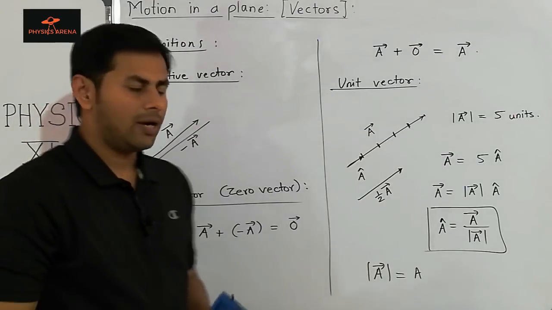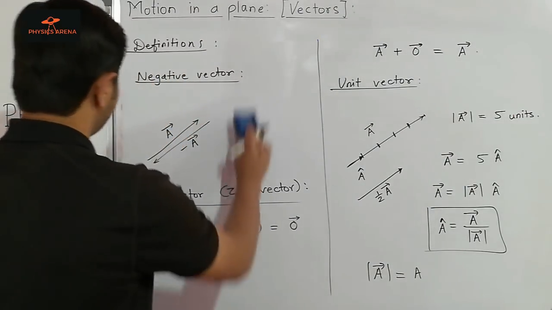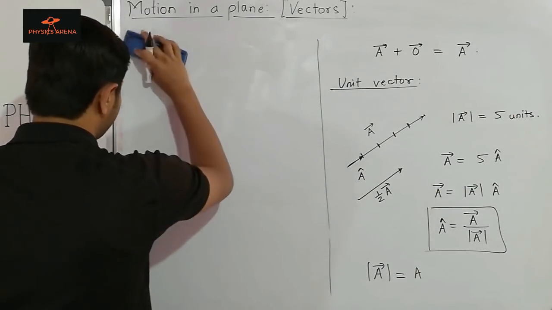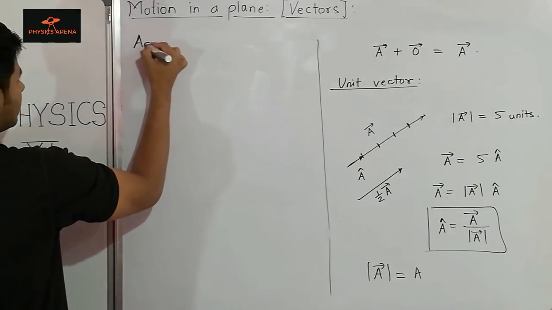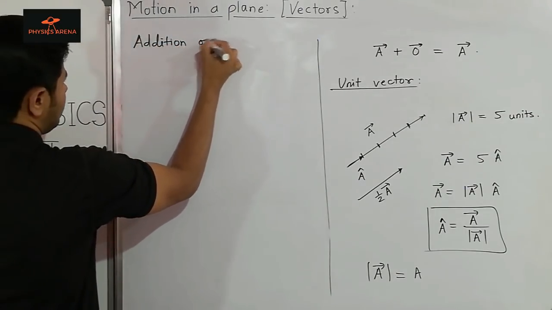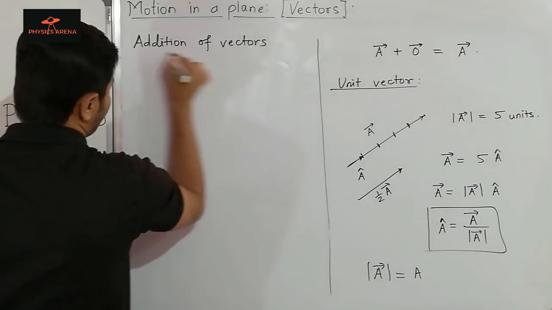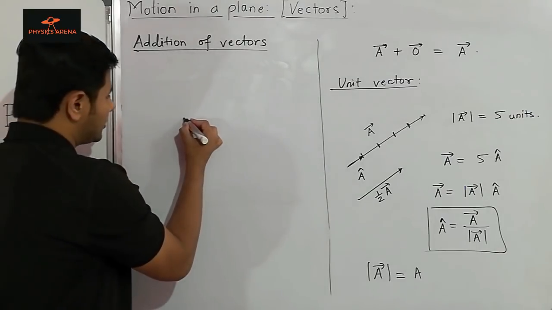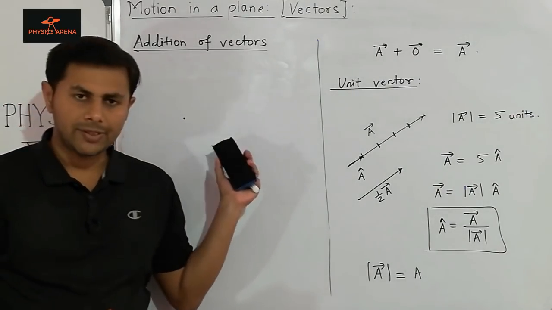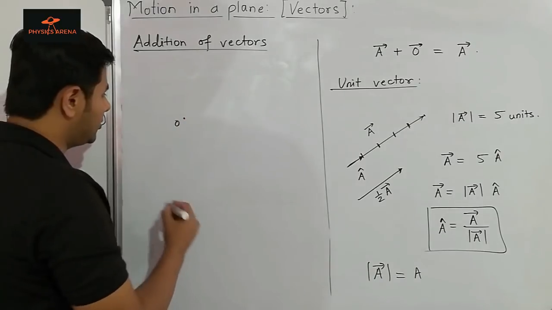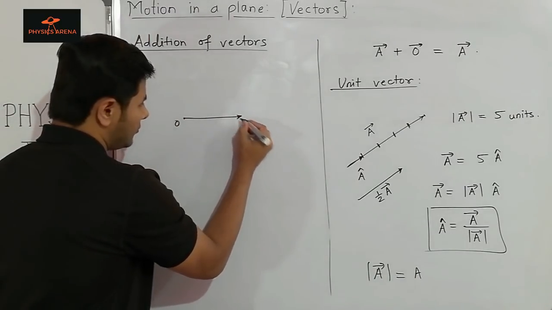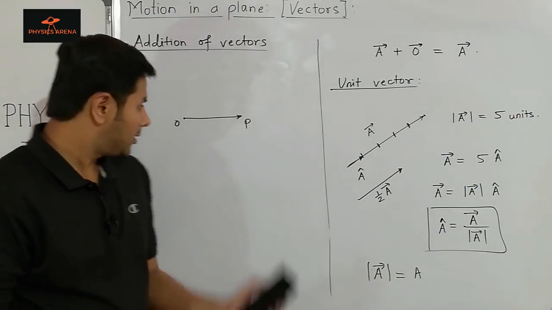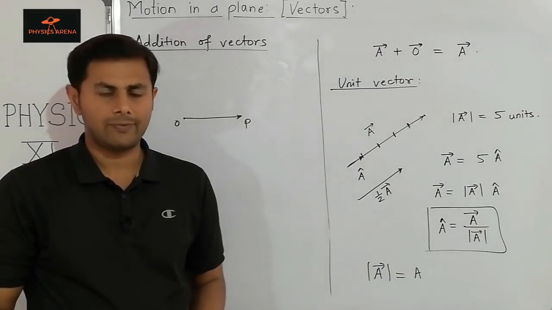Now let us see how vectors are added. Let's see addition of vectors. Suppose we have this person, and this person starts from this point, let's call it O. He goes to this point, let's call it P. So this OP bar is the displacement vector for that person.